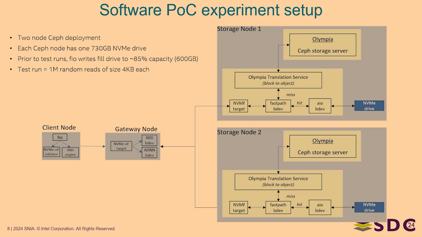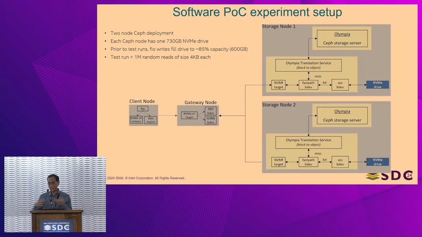And this was our experimental setup. It's a simple 2-node Ceph deployment. Each node has one OSD managing one NVMe drive. Prior to our test runs, we use FIO to write a large RBD image onto this drive.